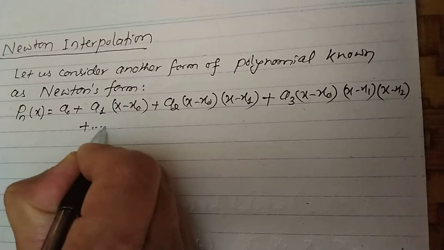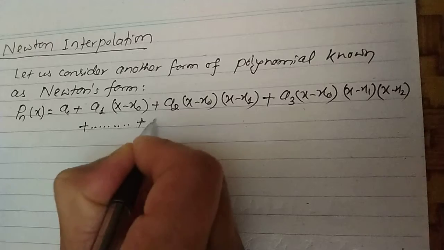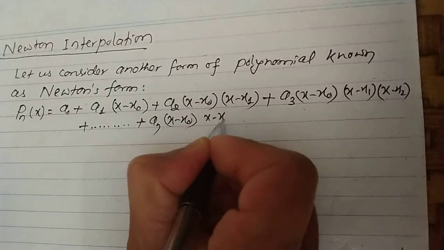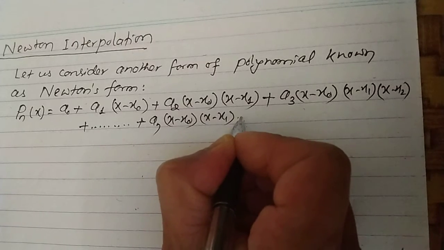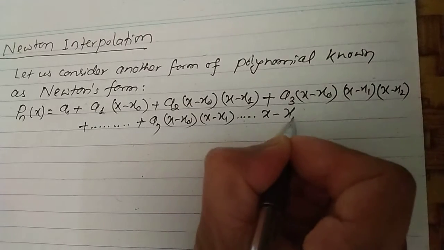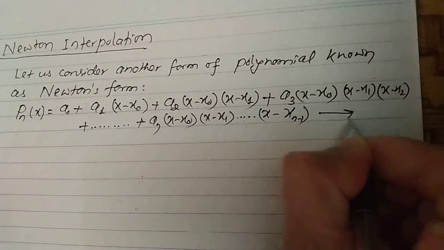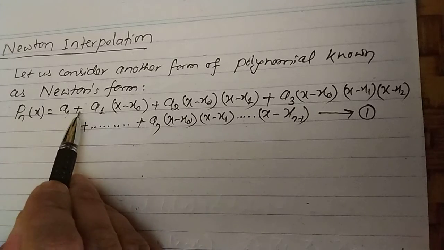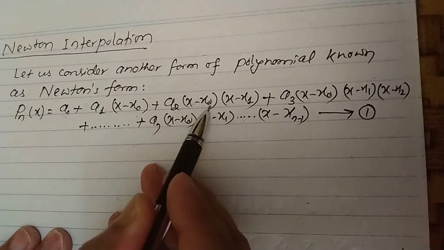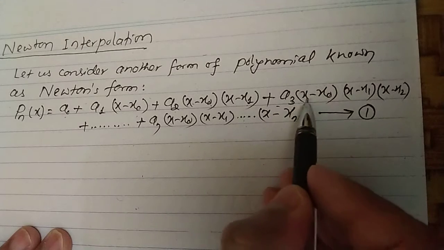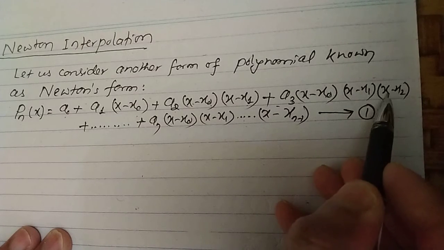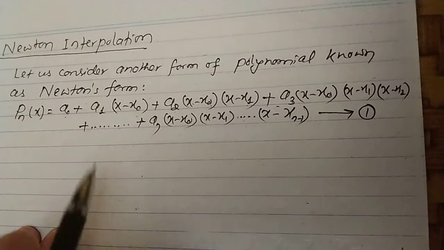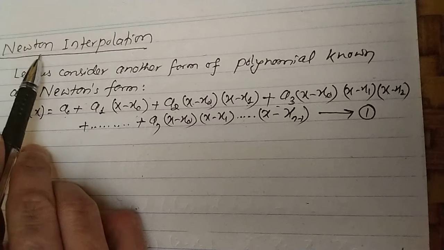Similarly, let us write the general form: an(x minus x0)(x minus x1) up to (x minus xn minus 1). Let us consider equation number 1. So this is the form you need to remember while doing a Newton's polynomial.